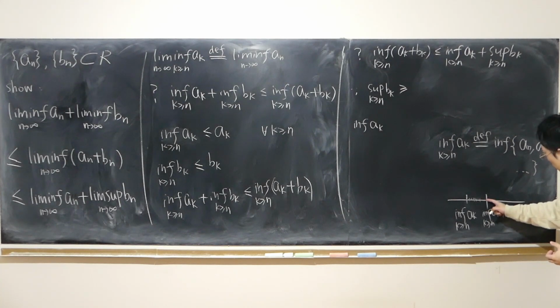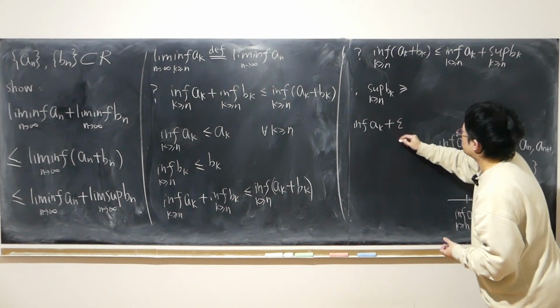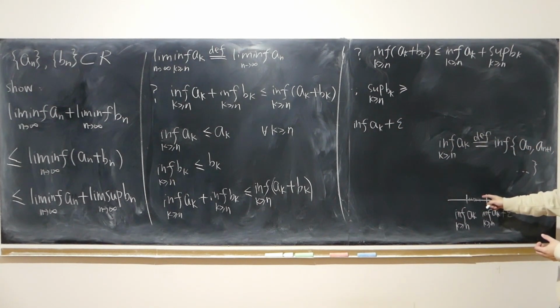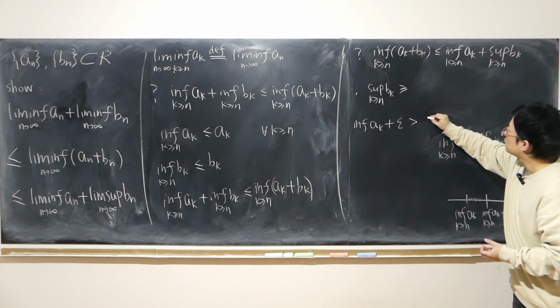Then it's no longer a lower bound. There must be some element in here that's smaller than this, right? So plus epsilon. This element here is smaller than this, so this is bigger than that element.